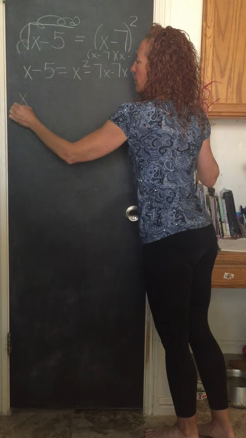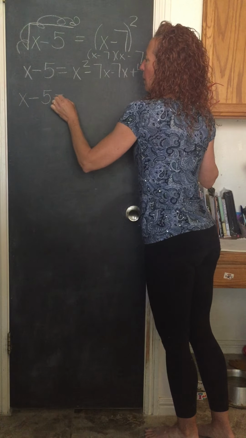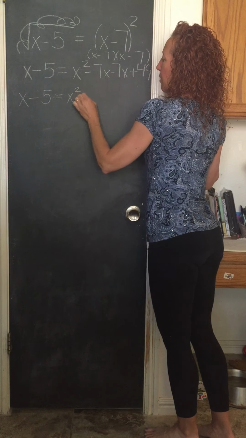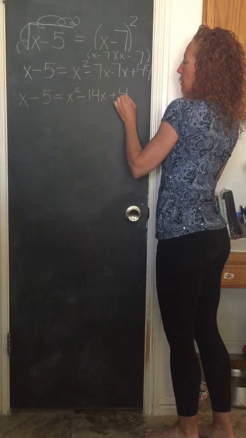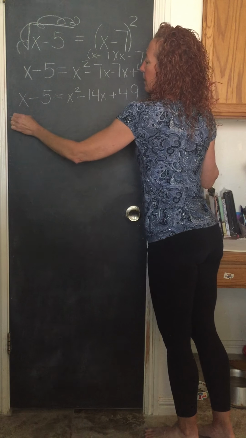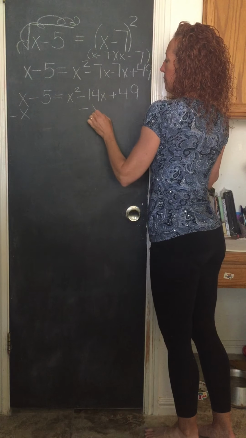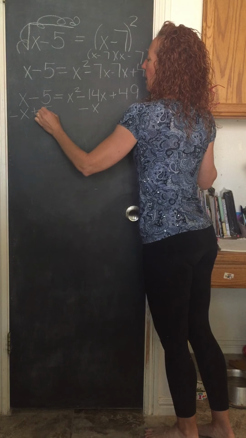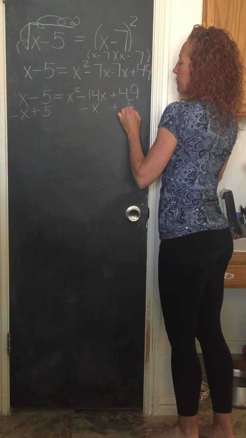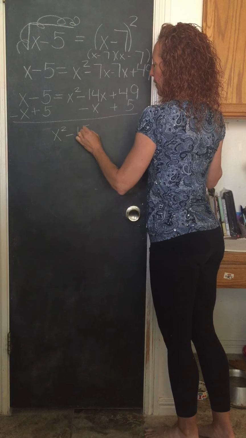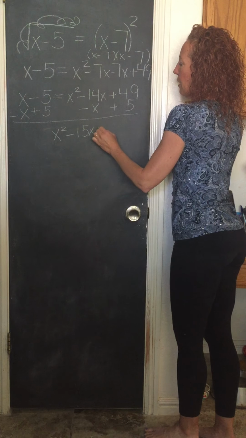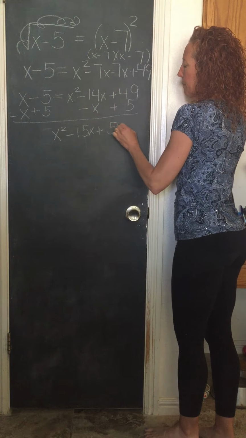Let's gather my like terms before I move those other terms over. This time I'm going to move them to the right. So I'm going to subtract the x. I'm going to add the 5. And I'm going to have x squared minus 15x plus 54.